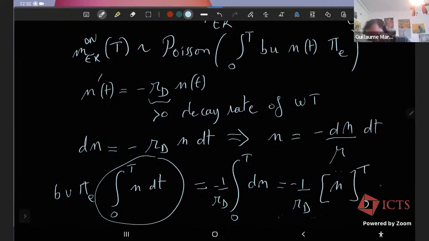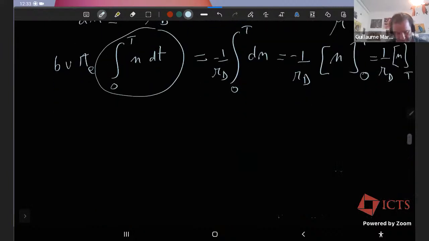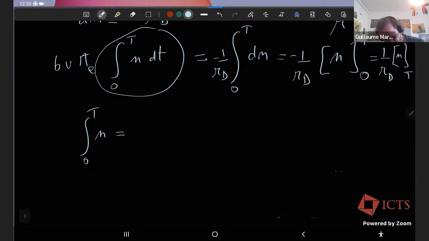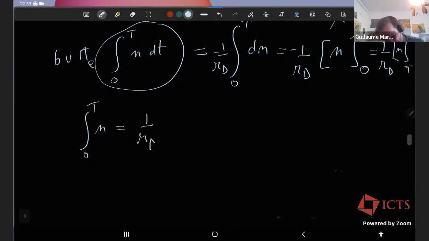And so as there's a minus, you can do something like this, rd n taken at time t and at time 0. Why do that? Because it's very simple then. The integral of n from 0 to t is just equal to 1 over the decay rate, now the decay rate itself, times the initial value you had minus the value you have by time t.